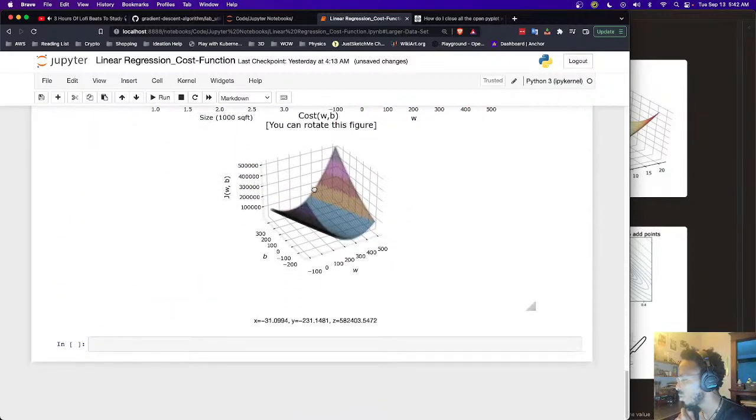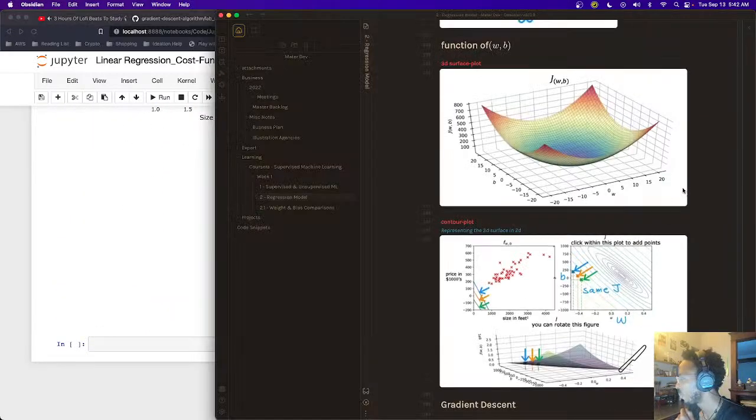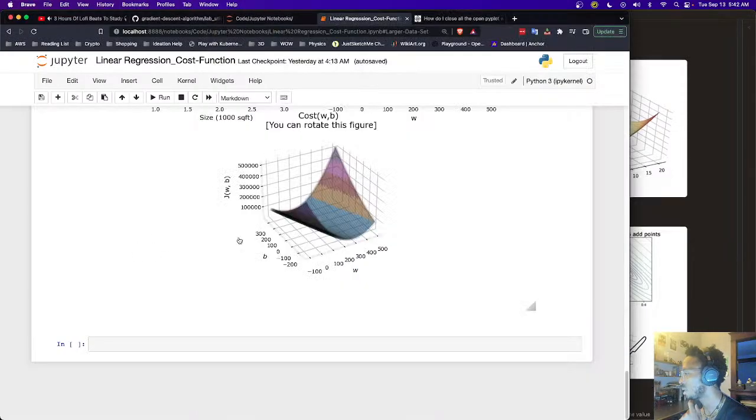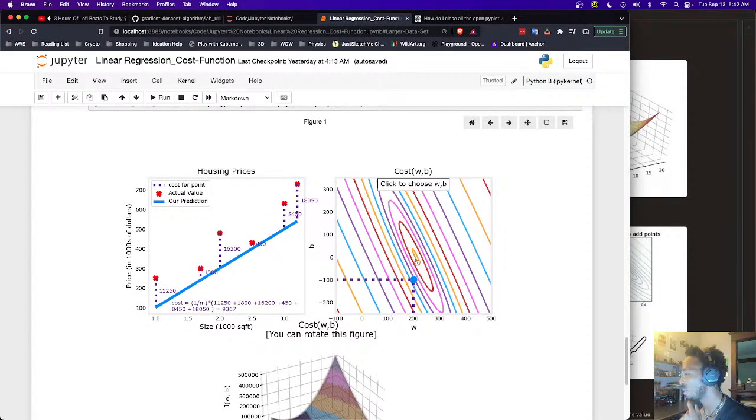The same thing is true for the soup bowl. If you can imagine that there's a point at the very bottom of this soup bowl, whatever that most bottom point is, that would be the lowest cost. And then on our contour, the lowest cost is going to be right in the center of this contour, right at the most center. If you think about this as a topological contour, a contour represents the height of spaces.